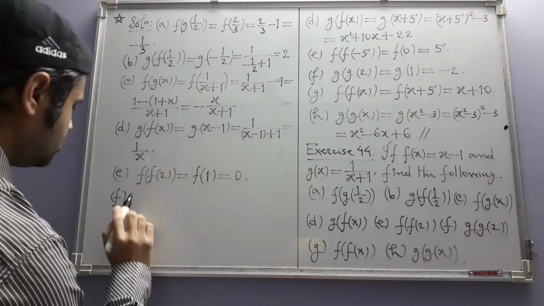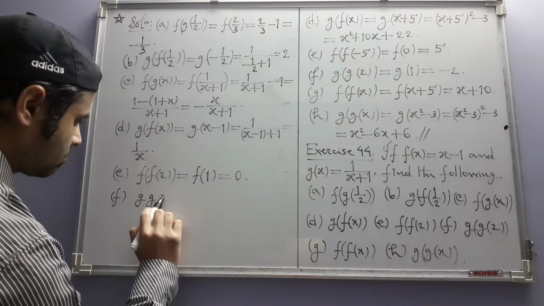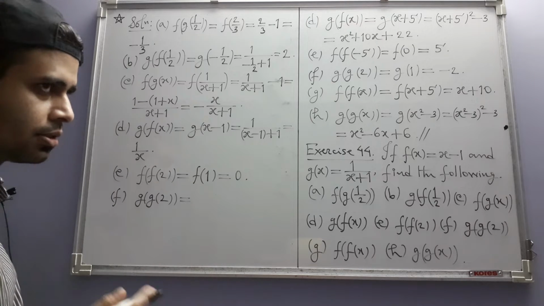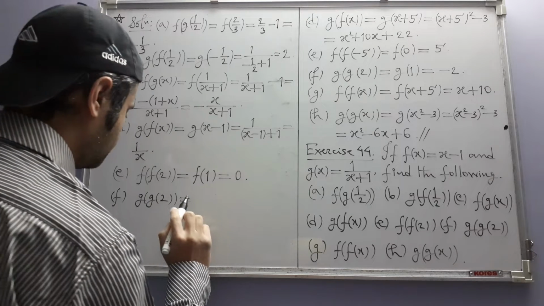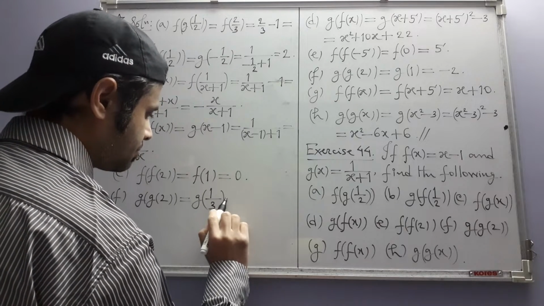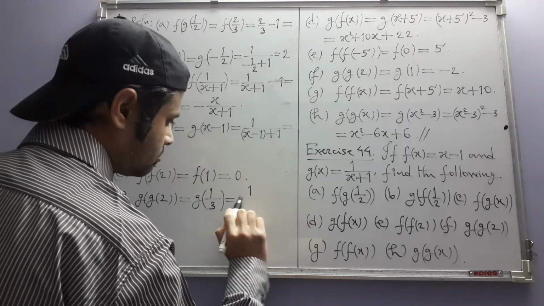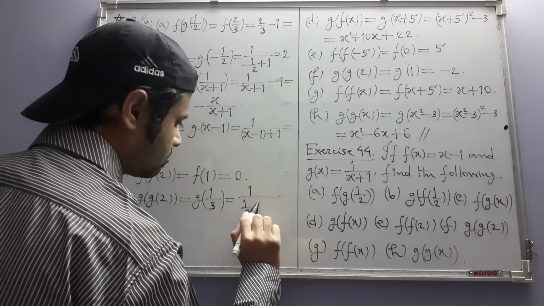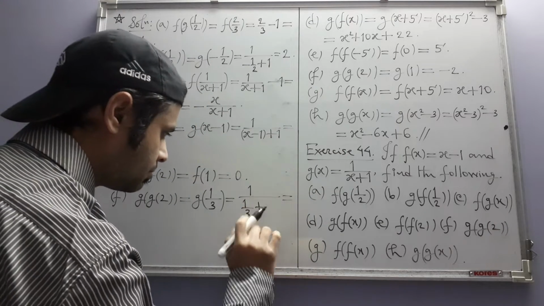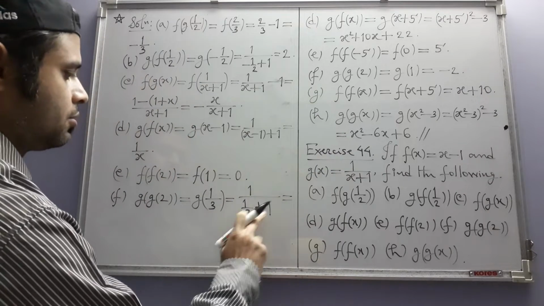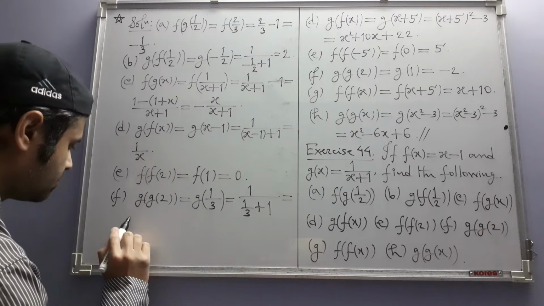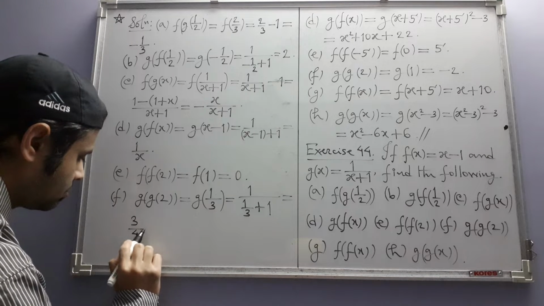G of g of 2: we add 1 to the input and take the reciprocal of that. This will be what? 3 plus 1, 4. That means 4 divided by 3 in the denominator. So 3 divided by 4.